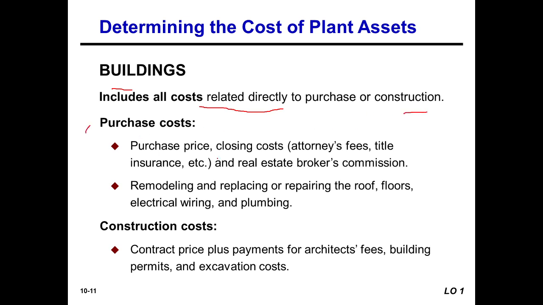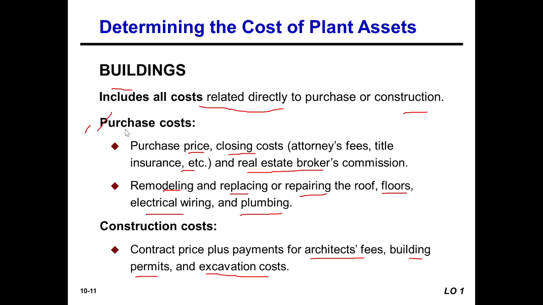The purchase cost, purchase price, closing cost, that means attorney's fees, title and insurance, etc., and real estate broker's commission, remodeling, replacing or repairing the roofs, floors, electrical wiring and plumbing. Construction cost, construction price plus payments for architect fees, building permits and excavation costs. This is also related to building cost.